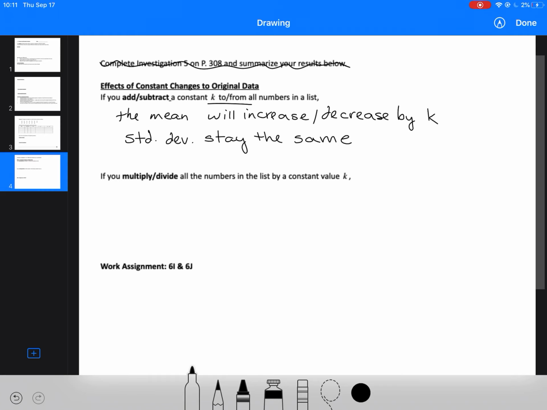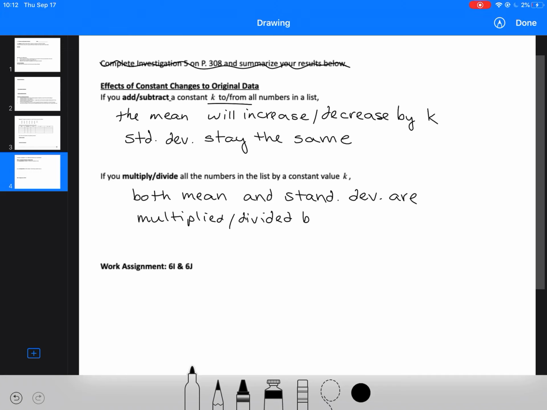If you multiply or divide all the numbers in the list by a constant value k, both the mean and standard deviation are multiplied or divided by k. Now be careful here, it's the standard deviation, it's not the variance.